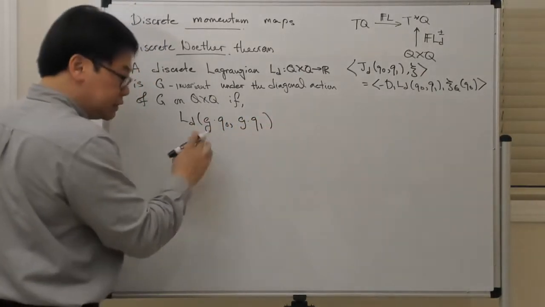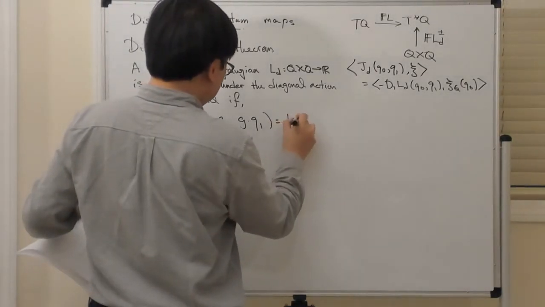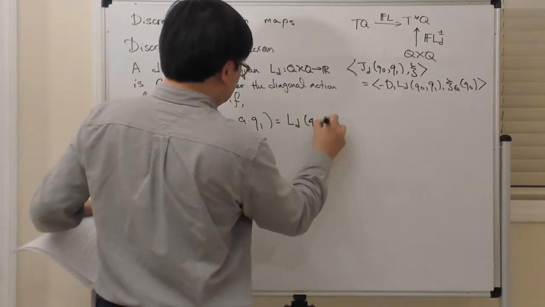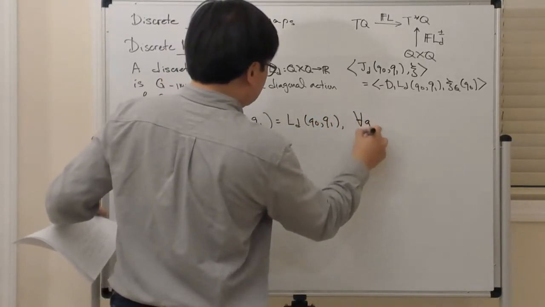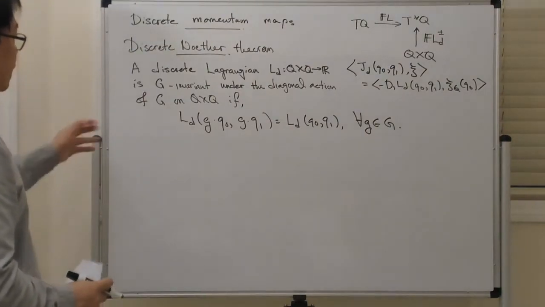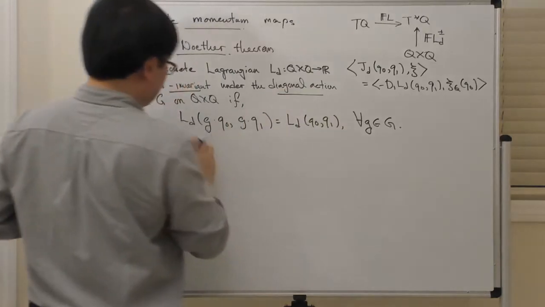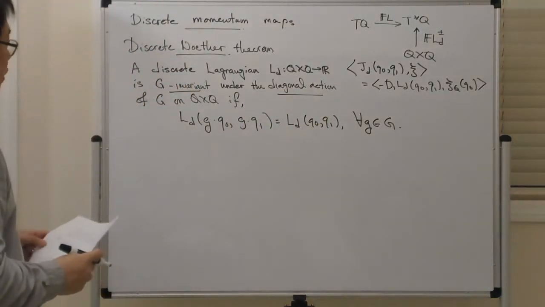It's diagonal because G individually acts on each copy of Q separately. This is true for all group elements G in the group. So we say that the discrete Lagrangian is G invariant under the diagonal action if this condition holds.